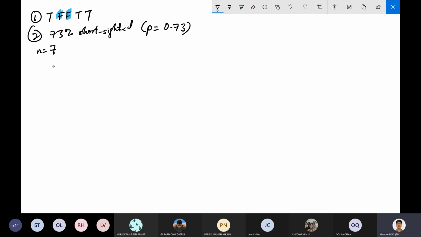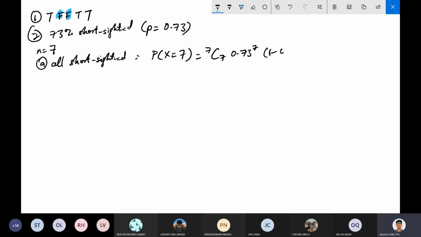So part A is all short-sighted, which is the probability that x equals 7, equals 7 C 7, 0.73 to the power of 7, 1 minus 0.73, which is 0.27, to the power of 0.